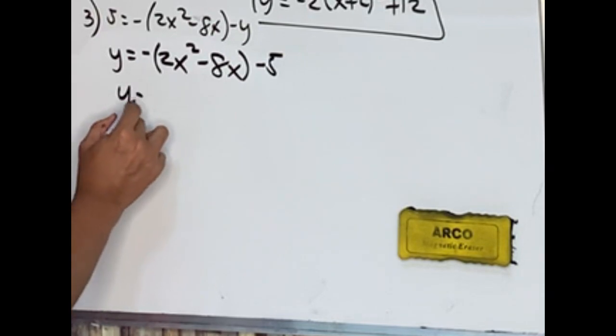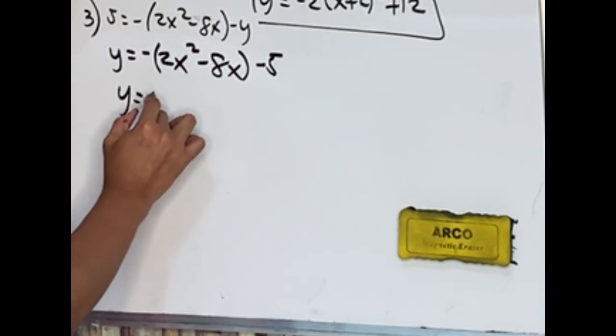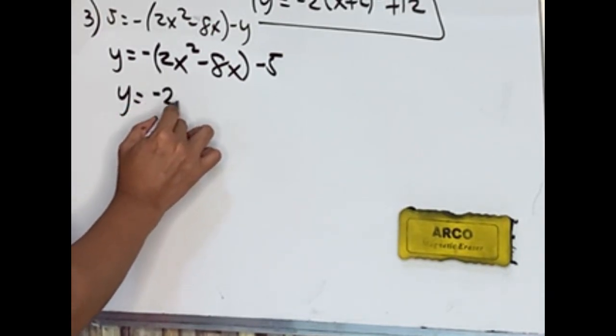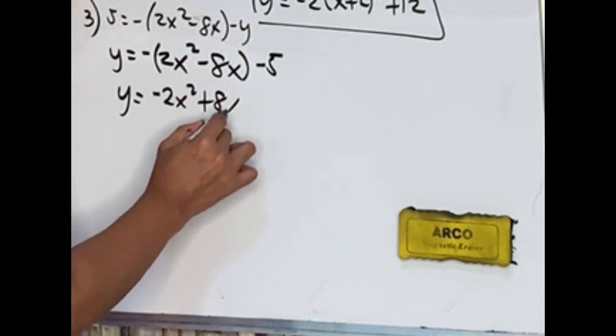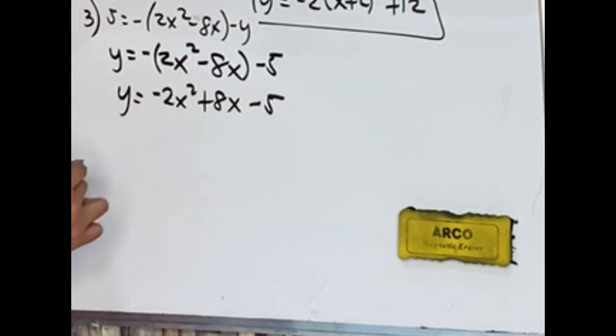Moving further, you will be having y equals negative 2x squared plus 8x minus 5, and that is your answer for y equals ax squared plus bx plus c. Y equals negative 2x squared plus 8x minus 5.